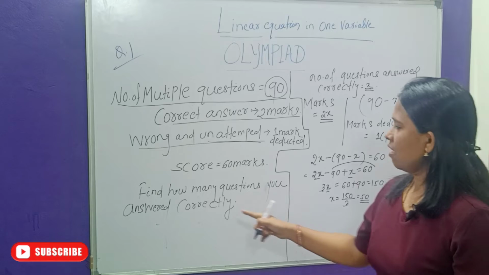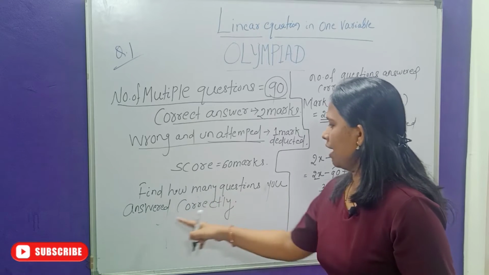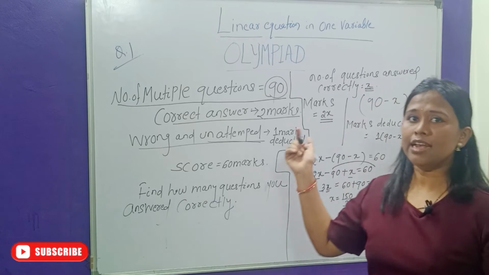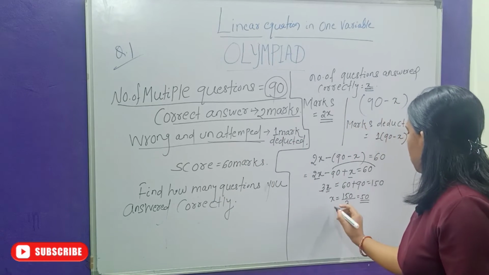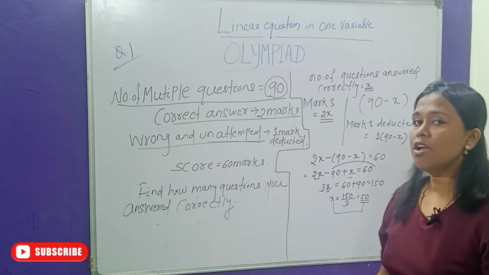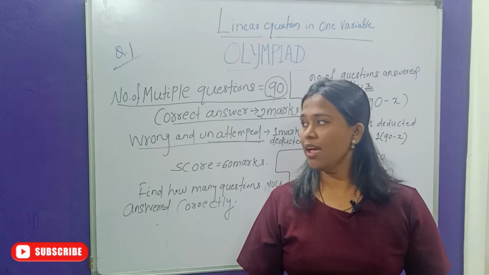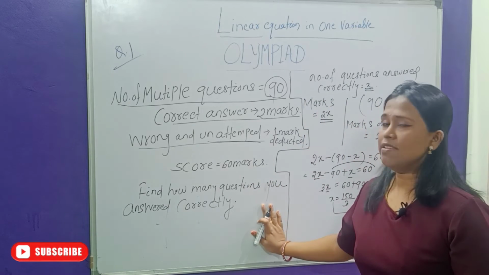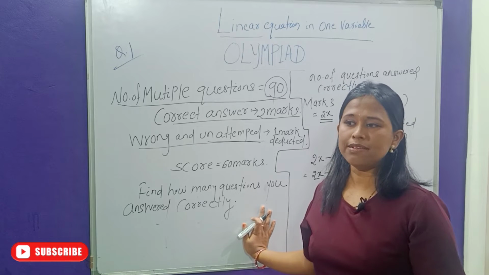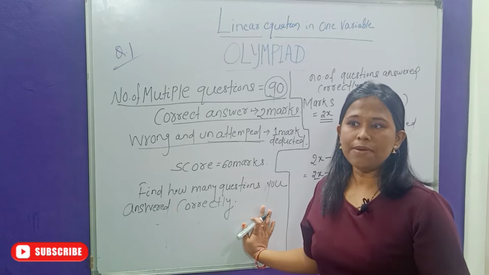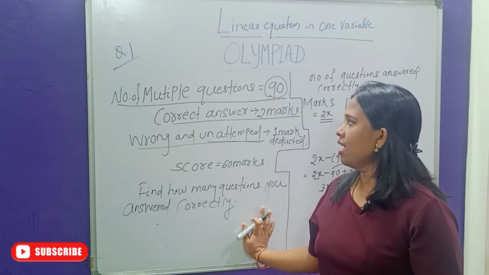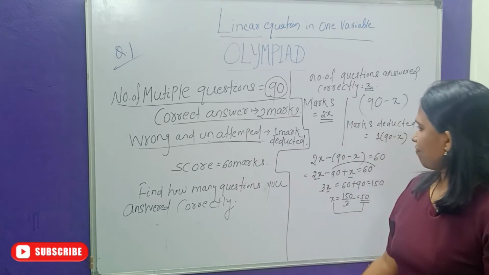So 50 questions are your correctly answered questions. I think you understood this. This is a very important question. You will face this type of problem in many competitive exams like math scholarship exams, Olympiad exams, IPM exam, NTSE exam.